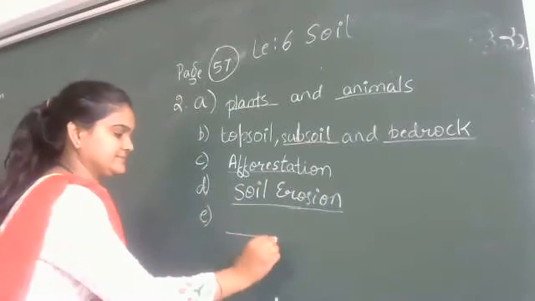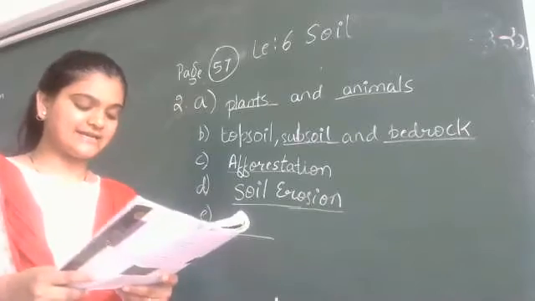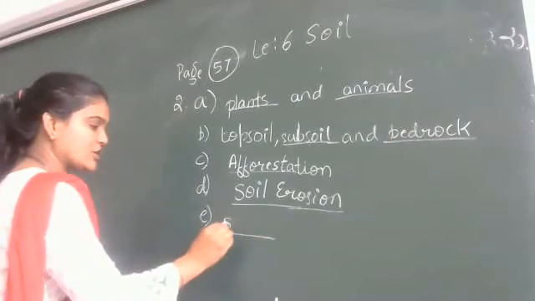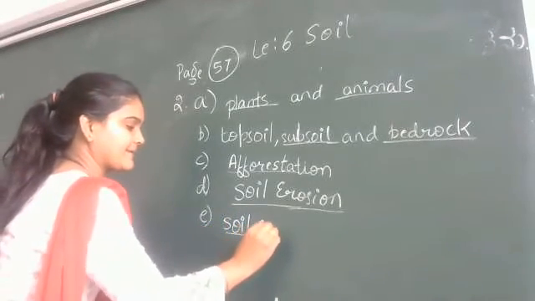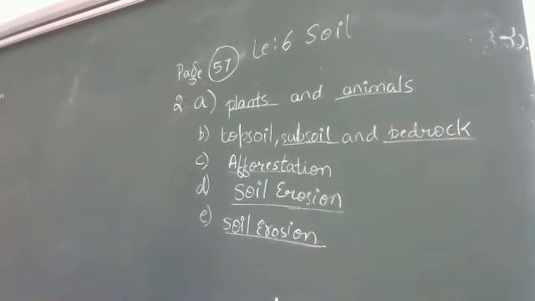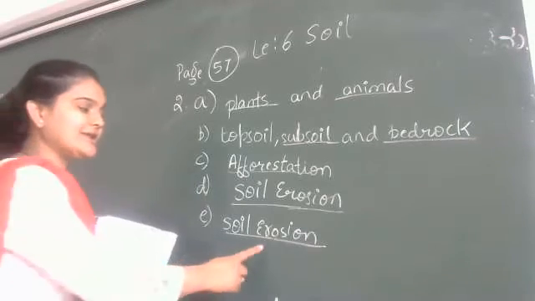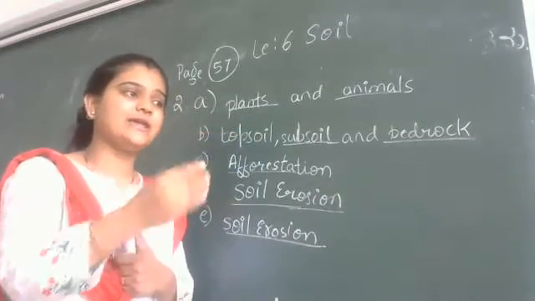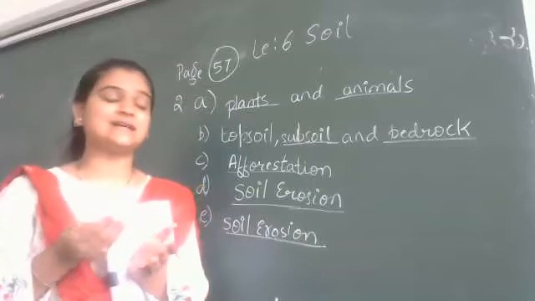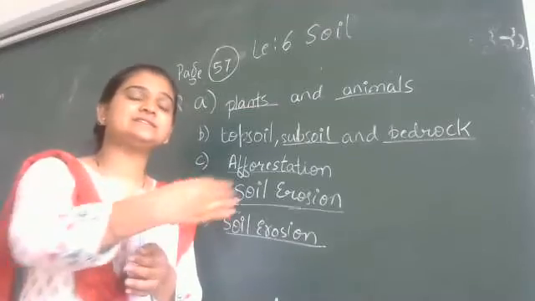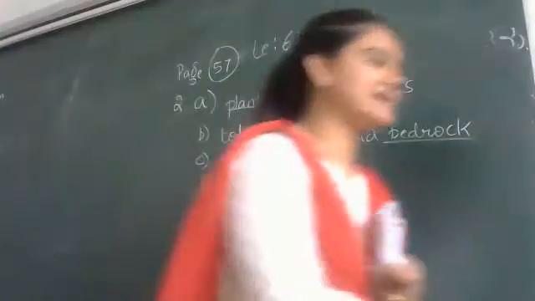First blank is running water and wind causes, first, soil erosion. Here you can also write deforestation, and also what will happen, children? Due to soil erosion, the uppermost layer of the soil is getting washed away. The top soil consists of humus, the nutrients. Everything is getting washed away.